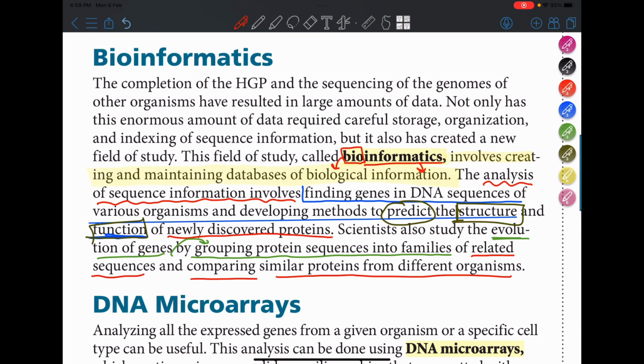So if you have a protein that is similar in humans, in other mammals, and in bacteria, we take that and compare it between those different organisms, okay?